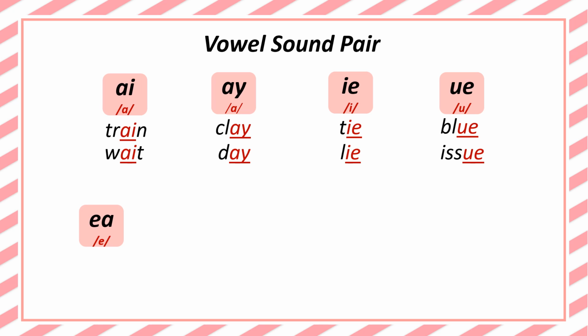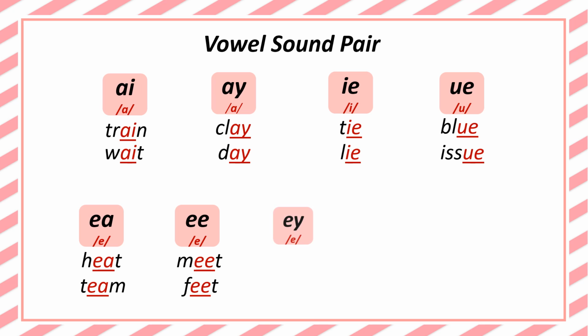EA, name of first vowel, E, as in heat, team. EE, name of first vowel, that is E, as in meat, feet. EY, name of first vowel, E, as in money, honey.